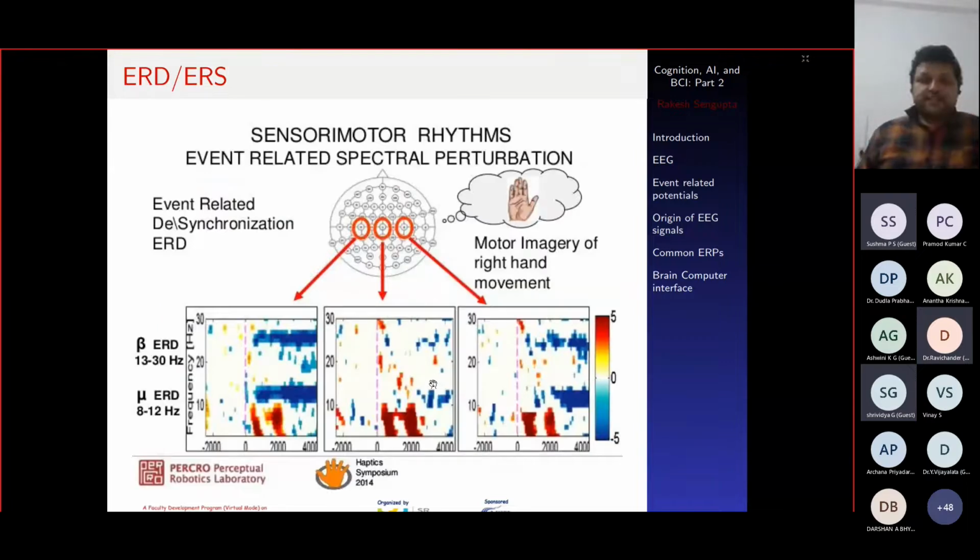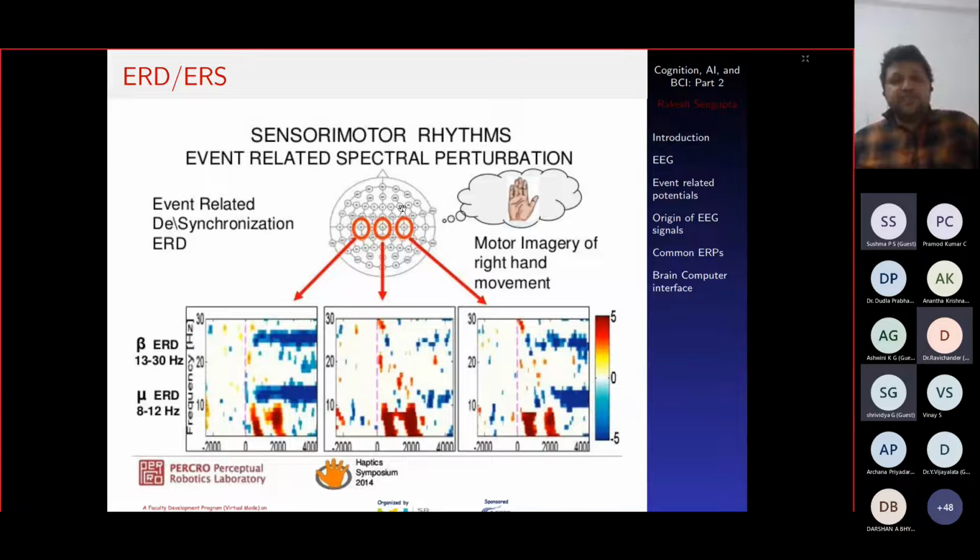Now, there are different kinds of paradigms for BCI, some of which Dr. Ravichandar will be elaborating in detail. This is basically event-related synchronization and desynchronization that happens when you voluntarily think about moving a limb, not actually moving it.